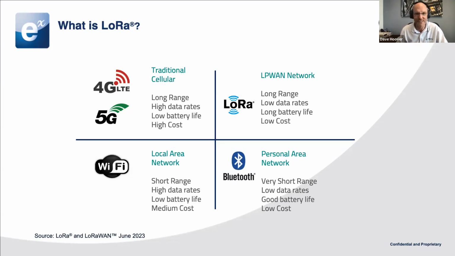For the purpose of this discussion, those lower bandwidth cellular communications are more comparable to LoRa, but you're still going to get way higher costs on your devices and worse battery life. So LoRa is really specialized for those very low bandwidth cases.